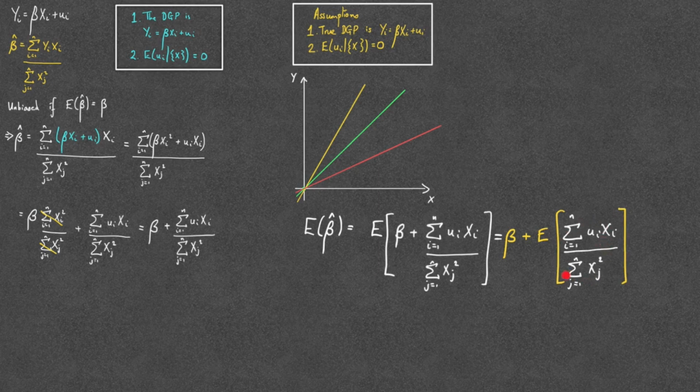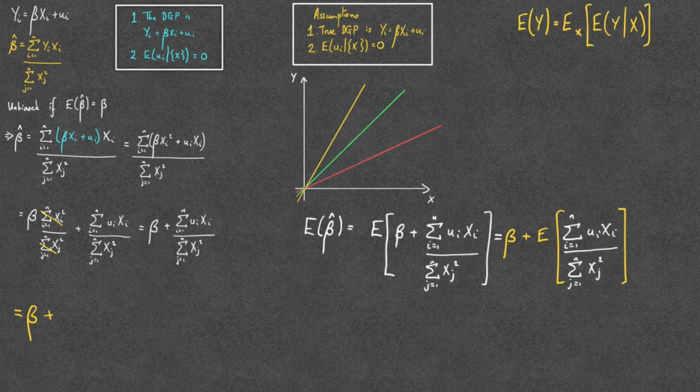Now, in order to analyze this, we're going to need to use the law of iterated expectations, because calculating the expectation of this without knowing something about what's going on inside is more or less impossible. So we can write this as being equal to beta plus, we're going to apply the law of iterated expectations to this, and remember, the law of iterated expectations says that the expectation of y, for instance, is equal to the expectation over all possible values of x of the expectation of y conditional on the values of x.